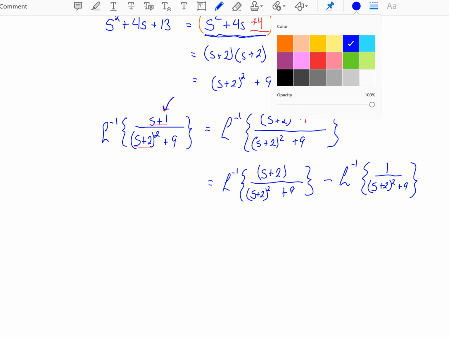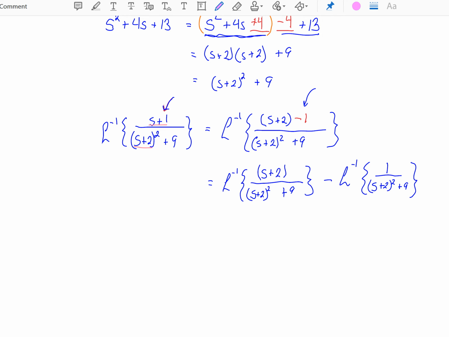Now there's two different pieces to look at. First, there's this inverse Laplace transform, which looks exactly like our cosine function that we looked at just a moment ago. It's a cosine function that has an exponential shift.